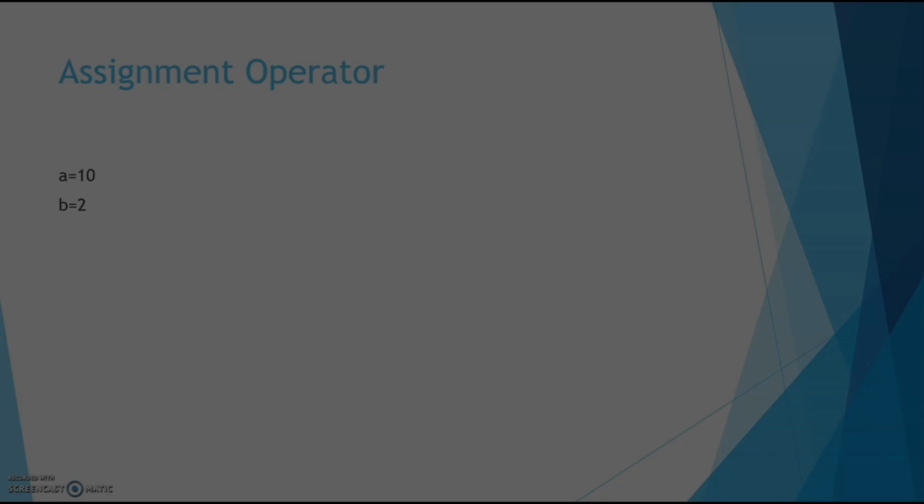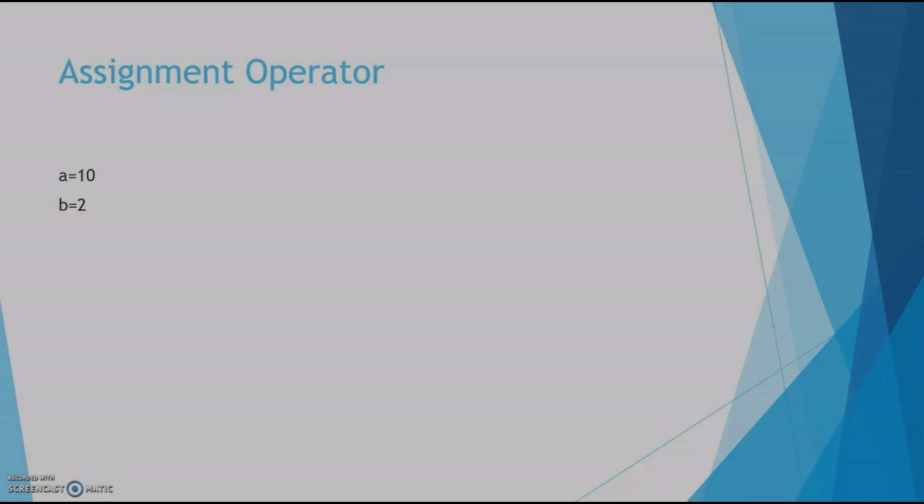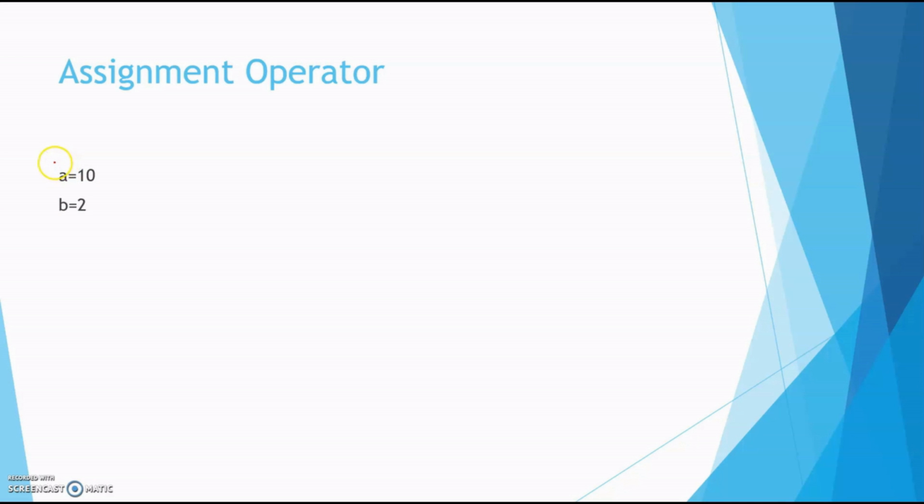The next operator is the assignment operator. What is the assignment operator? It means you are assigning some value to a variable. Here there is an a variable and a b variable, and you are assigning the value 10 to the a variable and the value 2 to the b variable. So that is your assignment operator. If we talk about the b plus equal operator, it means b is equal to b plus 5.